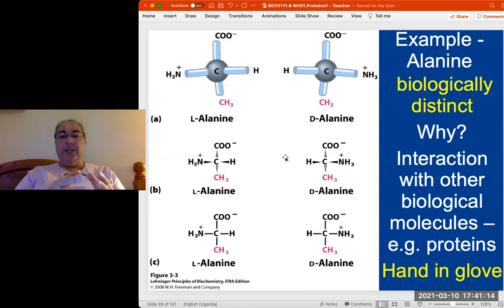It's not the right shape for fitting together with your hand. So that's the same sort of idea when we put the two different forms of amino acid into interacting with another biological molecule, for instance, an enzyme.